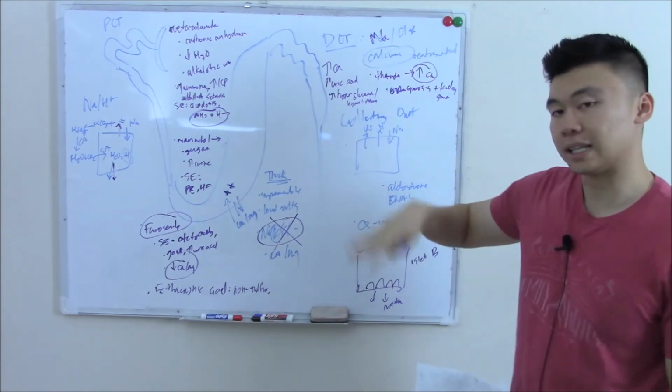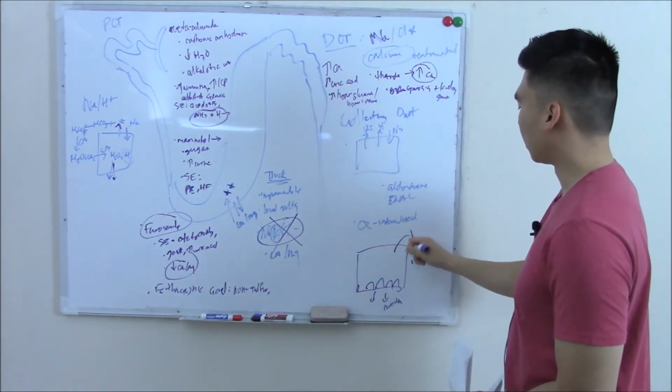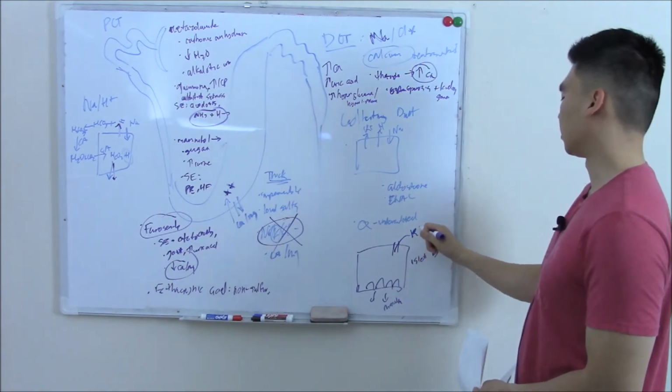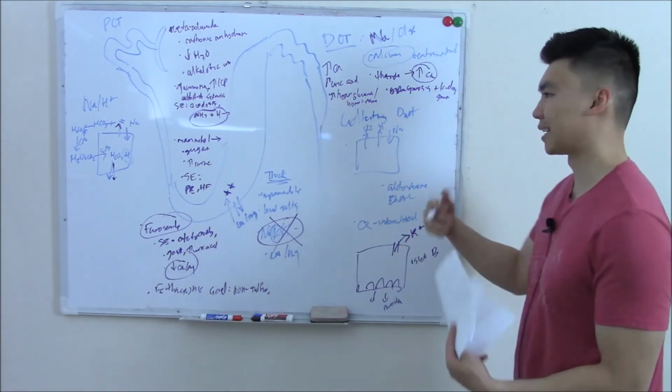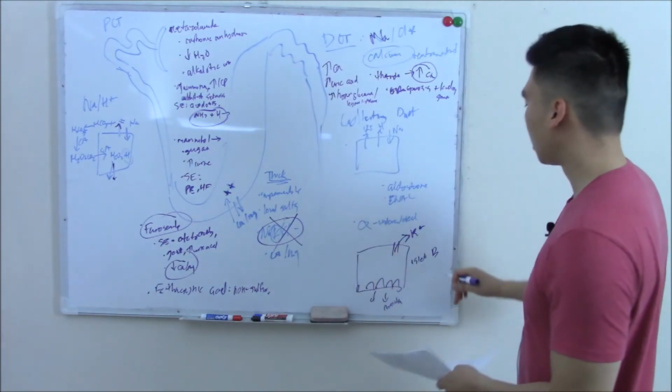And it can release anytime it's depolarized. Well, we don't want to release insulin willy-nilly, so we have a potassium channel that leaks potassium all the time and hyperpolarizes the cell. Make sure it doesn't just depolarize willy-nilly.